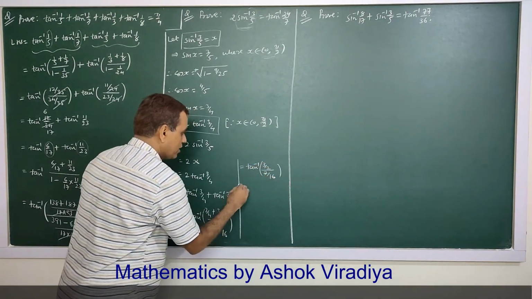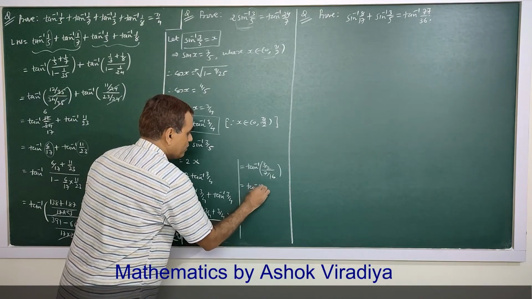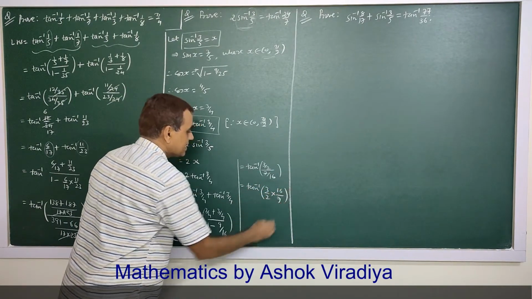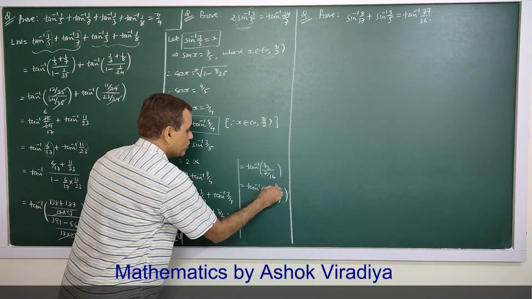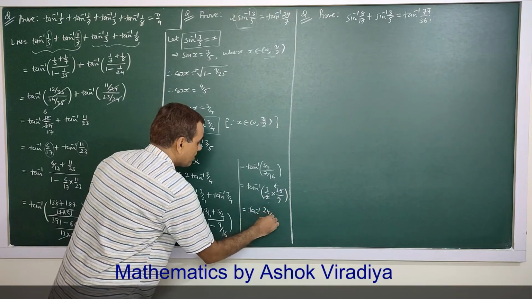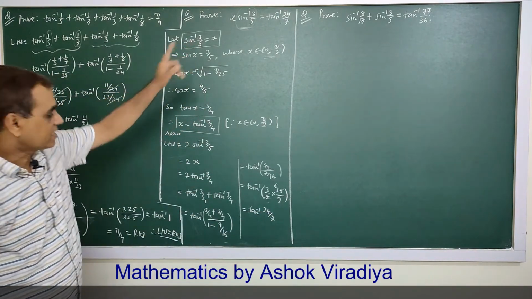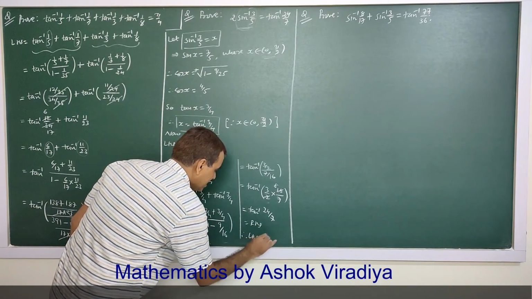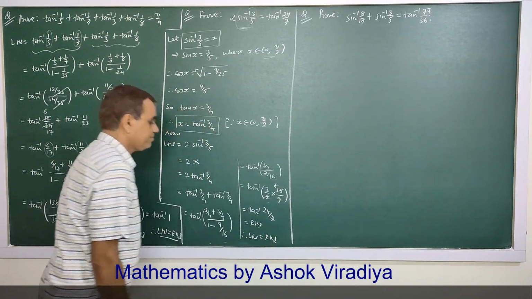So this is equal to tan inverse 3 by 2, here 7 over 16, 2 into 8, 16. So it is tan inverse 24 by 7, which is RHS. So LHS is equal to RHS.